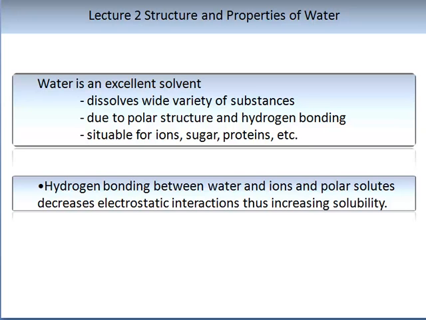This is due to its polar structure and its hydrogen bonding, which was explained on the previous slide. It is suitable for ions, sugars, and proteins. Hydrogen bonding between water and ions and polar solutes decreases the electrostatic interactions, and in turn this increases solubility.